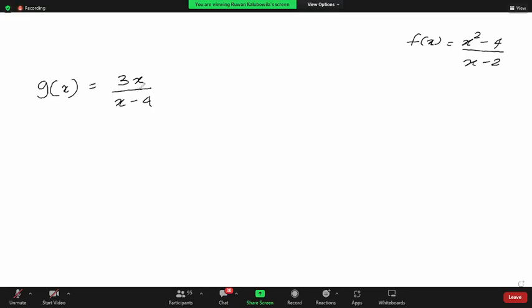Now let's see what happens. You have to see the denominator here. x minus 4 should not equal 0, because if it is 0, then we have something divided by 0, and we cannot define that case. So x should not equal the number 4. Now we have the number 4, a special case. Let's apply the number 4 first to this function.